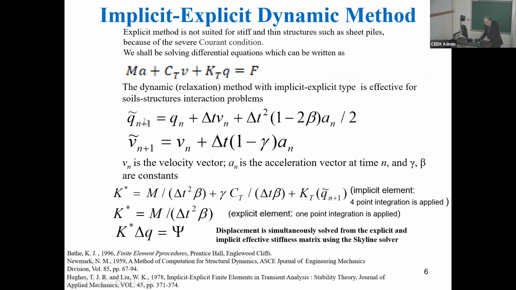So in this equation, Q is displacement, V the velocity and A is acceleration vector. And gamma, beta are constants. And this formulation is based on numerical method.